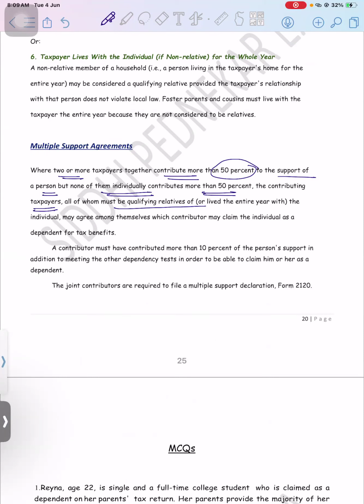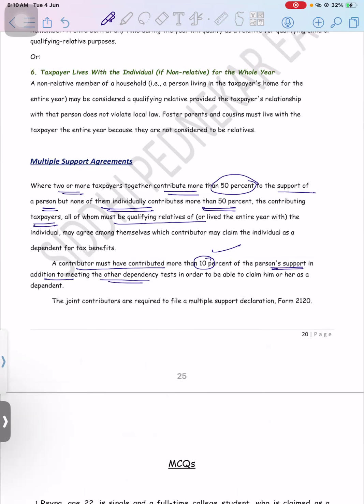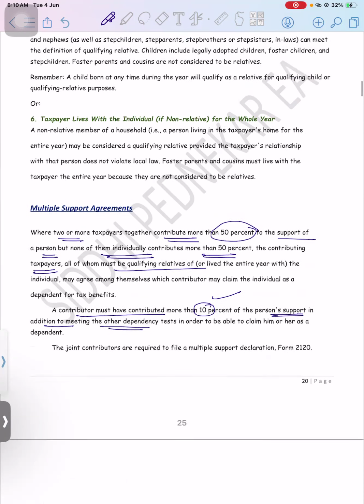The grandmother can be eligible to be taken as a qualifying relative. The contributor must have contributed more than 10% of the person's support in addition to meeting the other dependency tests. Second thing, let's say two or more persons are contributing more than 10%. Either they can mutually agree or they will see who is providing more than 50% of support. Clear, guys? I hope this much is clear.